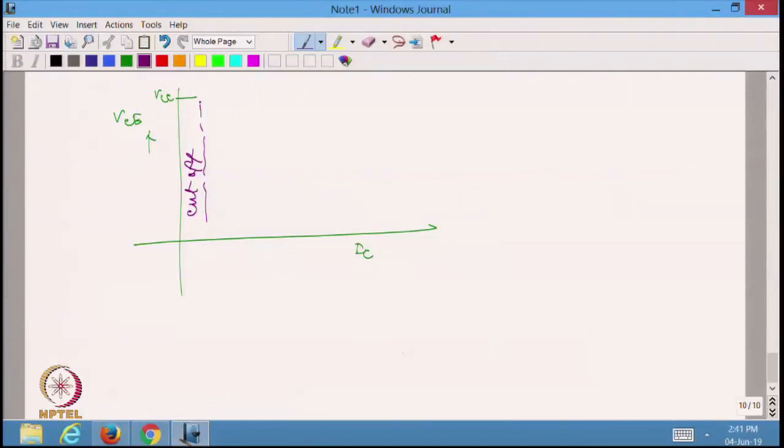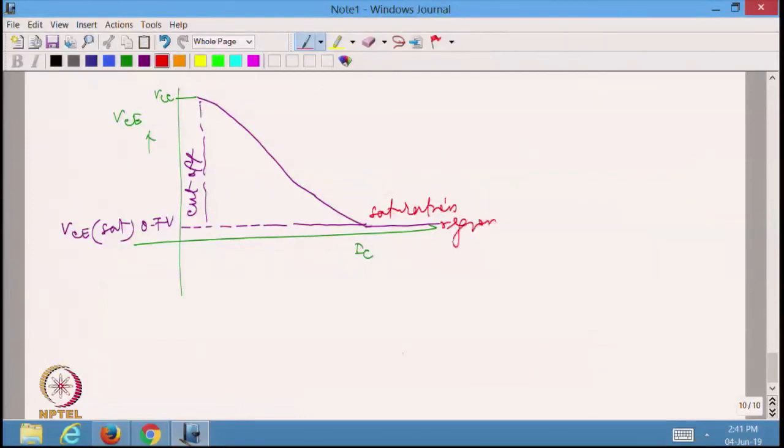Whereas, I am going to see slowly the reduction in VCE, and it is going to come to a minimum value. So, this is going to be corresponding to VCE equal to 0.7 volts approximately, which is actually VCE saturation, right? And this is essentially the saturation region of the transistor.